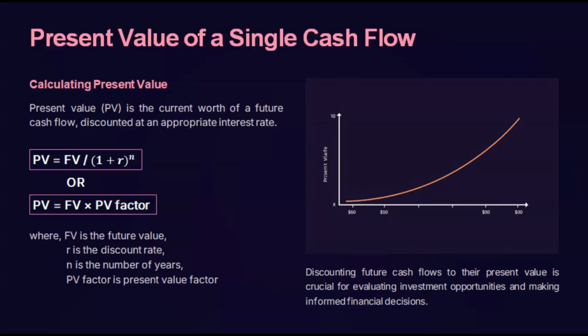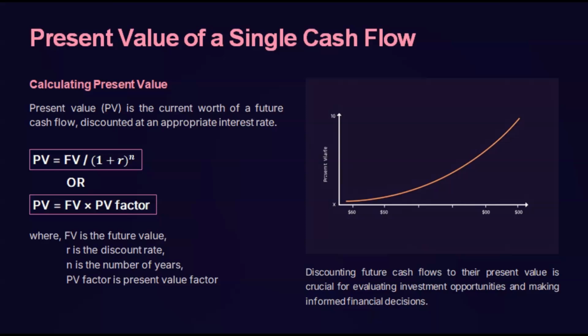So today we are going to start present value methods. In the present value, the first method is present value of a single cash flow, which we are going to see today. We have seen two methods based on future value, where present value was given and we needed to find the future value. We have seen those methods.